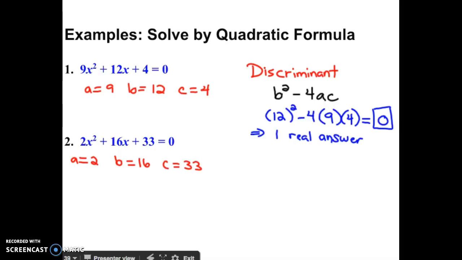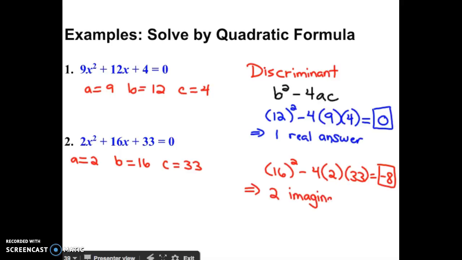So when I do b squared minus 4ac for this one, if you type that in, you figure out you get -8. So -8 is my discriminant. Because it's a negative number, and that negative number would be under the radical, you have two imaginary numbers for answers. And again, what that means is you have 0 real numbers. Both are imaginary, and you don't have any real numbers.